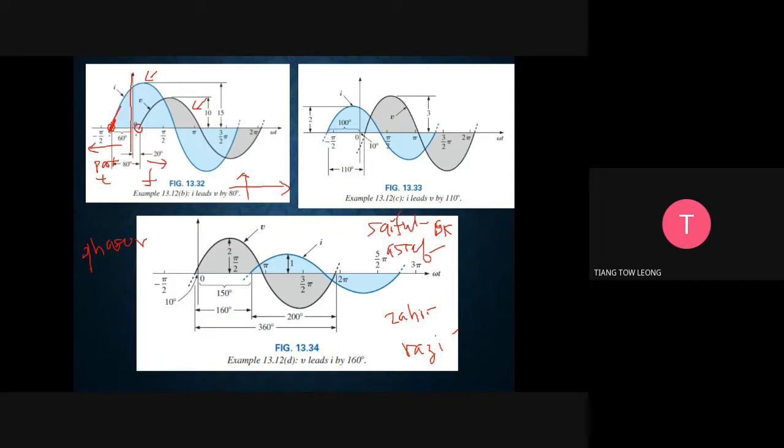So in the past, I touches first, and in the future, V only then touches. It means I is leading V. This is the benchmark, past, future. So I touches first, then V touches. So it is I lead V.